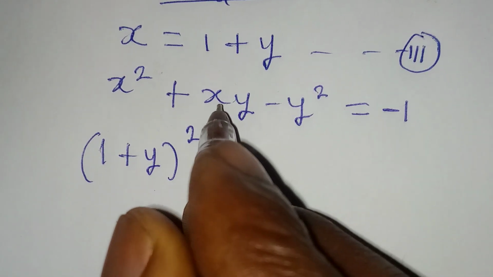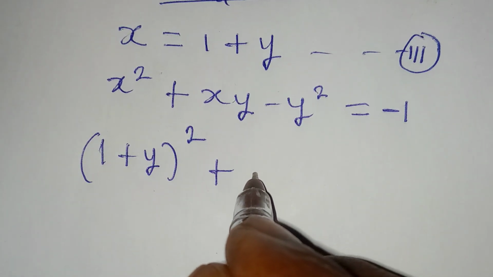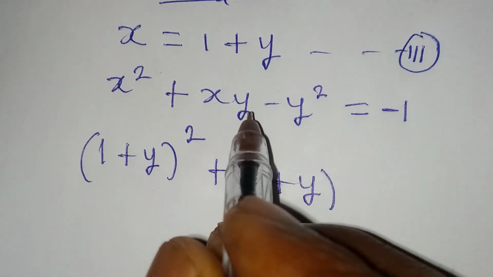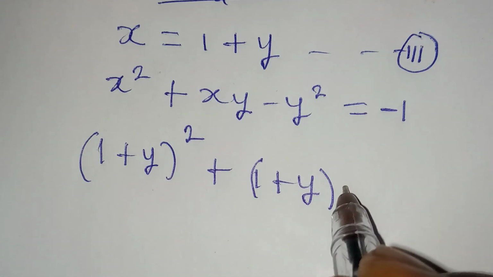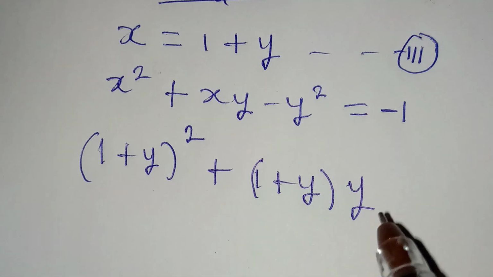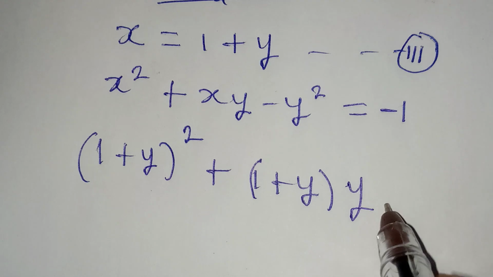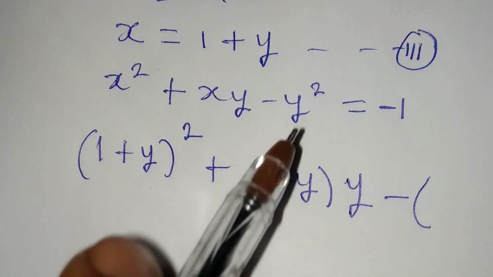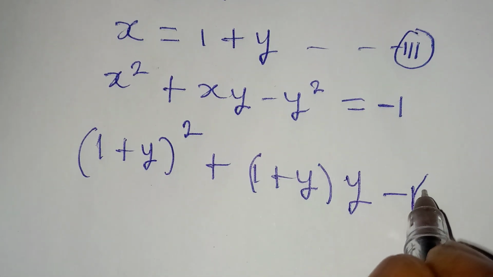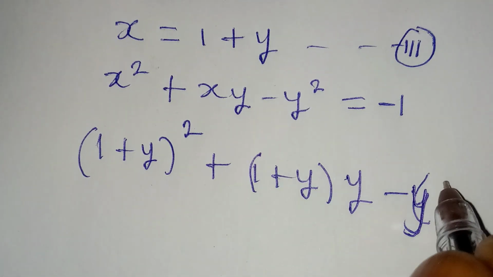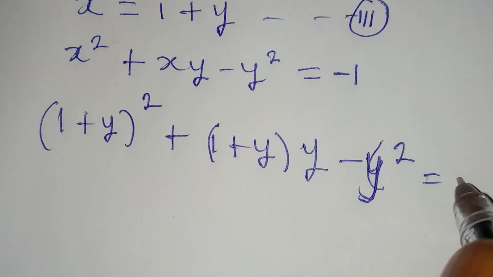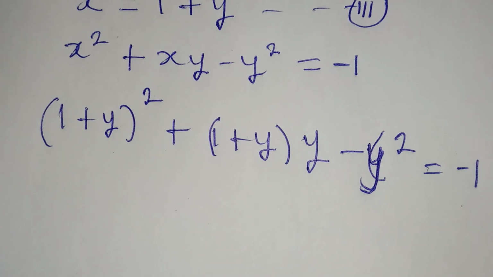Then plus x again is 1 plus y, then this is multiplying y, so I'll write y over there. And then minus y squared. We've not replaced y, so y squared will still appear. And the whole of this is equal to -1.